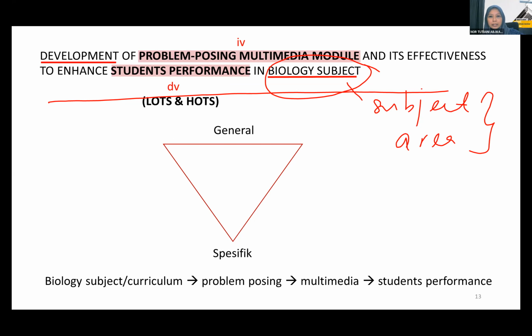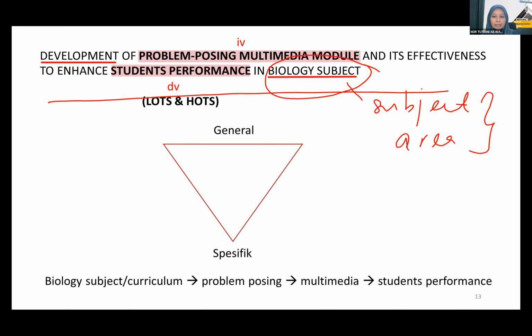Okay, so based on this, you as a researcher, you je boleh decide untuk your topic. Okay, but for my topic, the subject area selalunya for every topic, the subject area will be the most general themes of all. Sebab subject area kita tu adalah payung kepada kita punya research dekat bawah. Okay, so of course you need to talk about the subject area first. Dia tak boleh masuk-masuk literature review je terus problem posing. No, we need to actually introduce our subject area first.